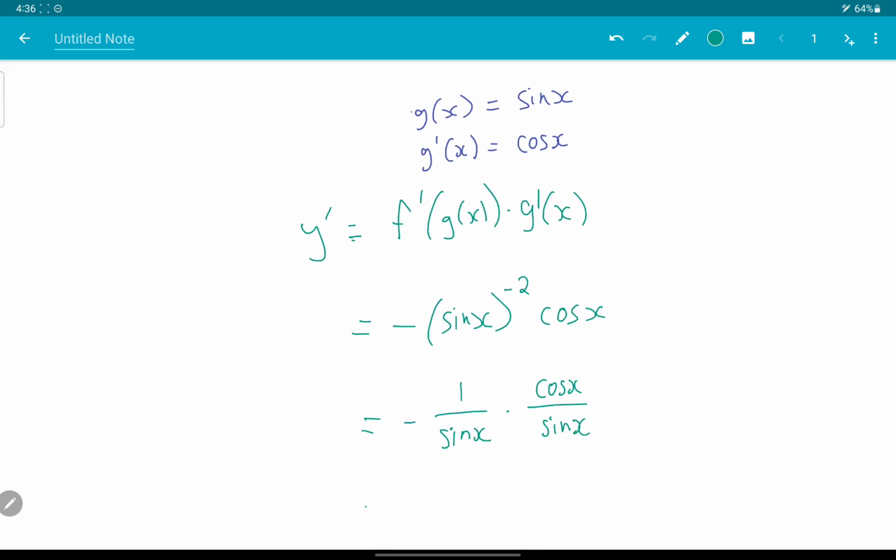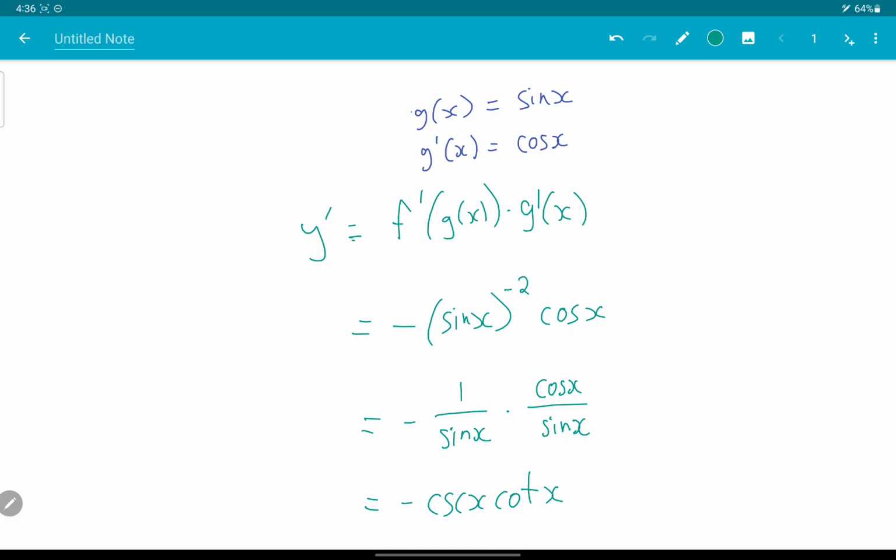Okay, the standard way to simplify this is to recognize that I have cosecant, cotangent. Okay, what do you think?